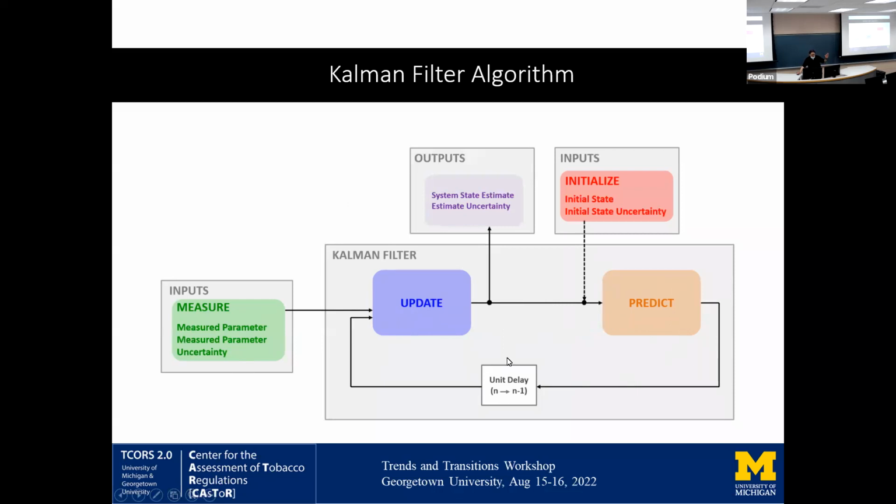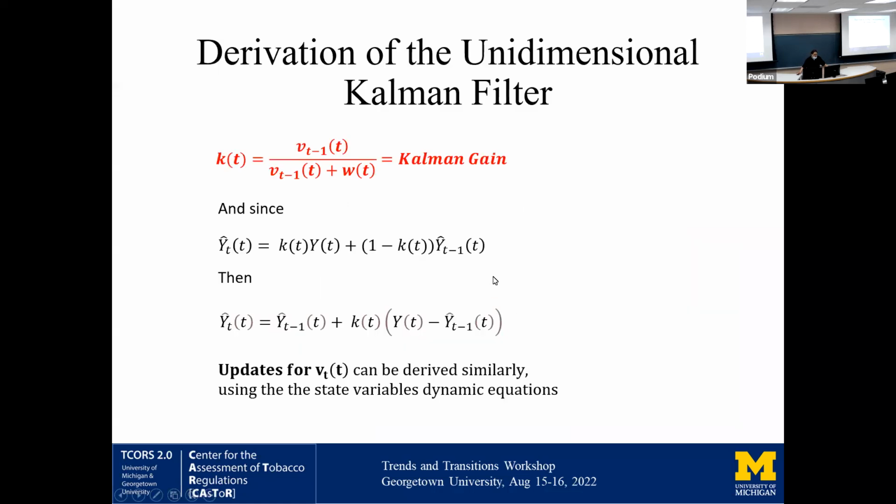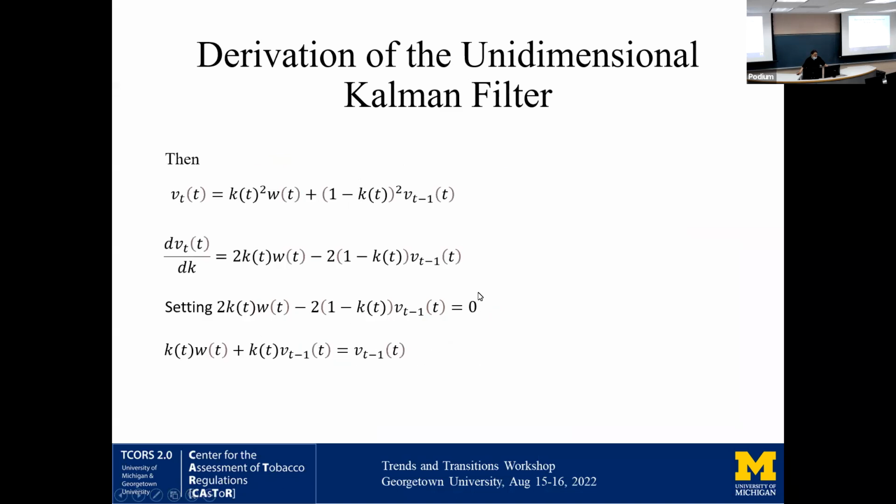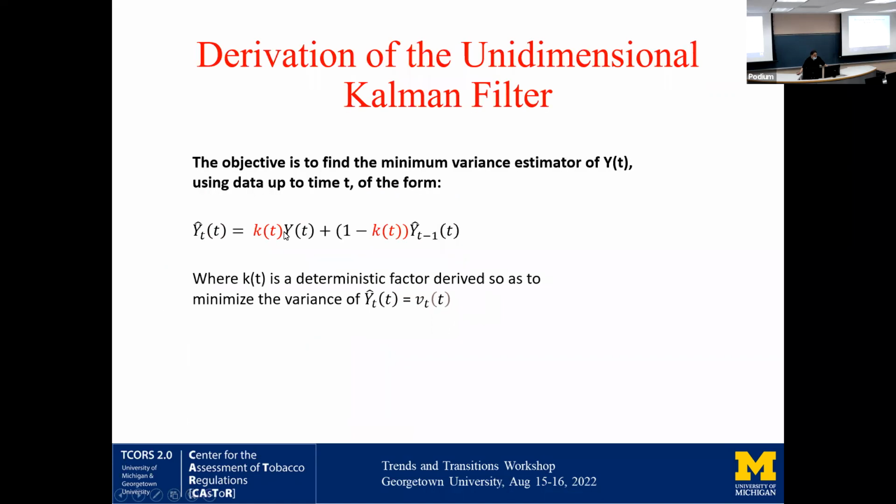It's just a recursive filter that only uses the information from the previous state to forecast the future. One thing that is important to realize is that when I'm taking the variance of this estimator, I took the variance of this part plus the variance of this part, and I can do only that if these two variables are independent.